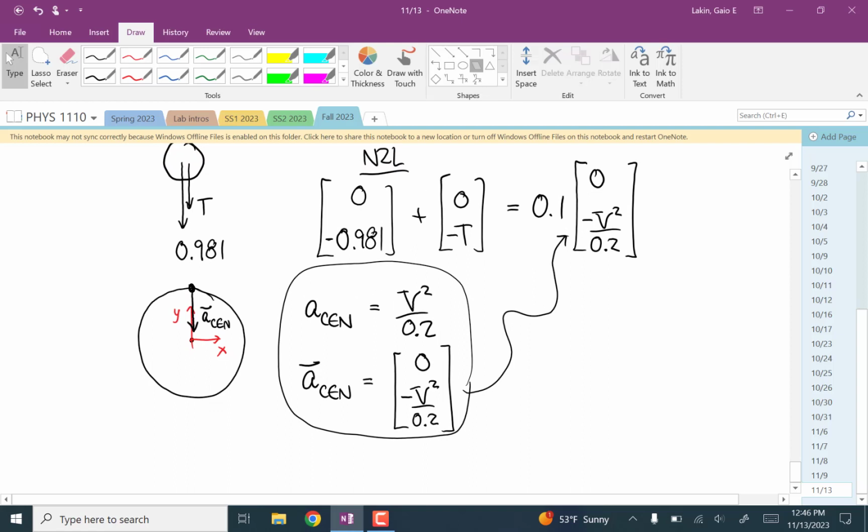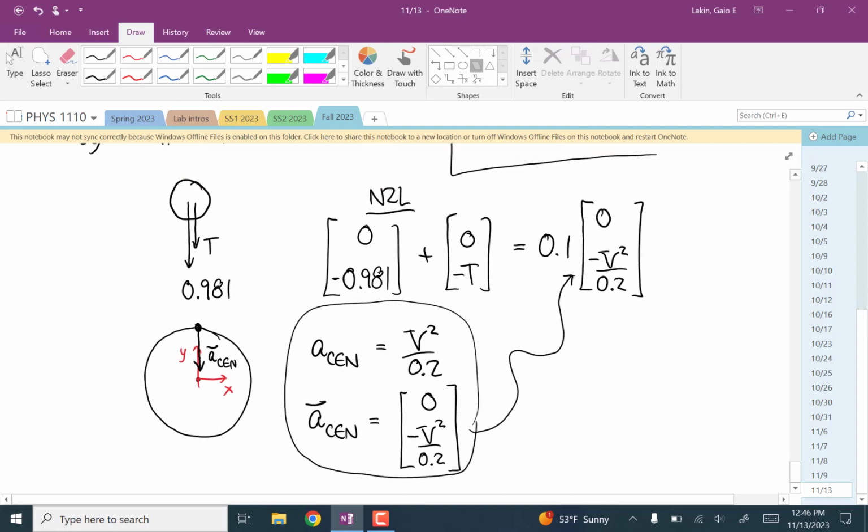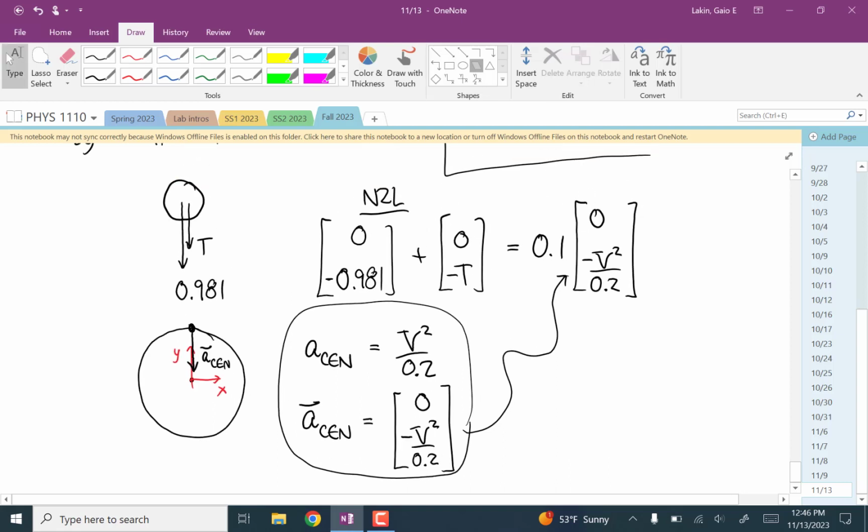Okay, so if this is going the slowest it can possibly go and stay in this circular path, do you remember what we said? We can't solve the y component of this equation the way it is right now because we have a T and a v. But if it's going the slowest it can possibly go and still stay in that circular path, do you remember what simplification we made?